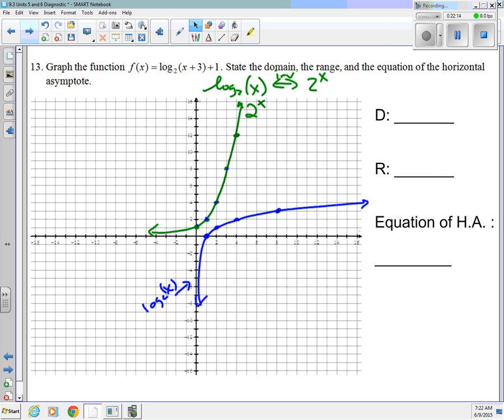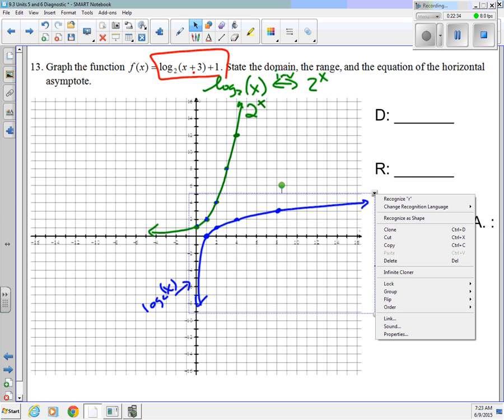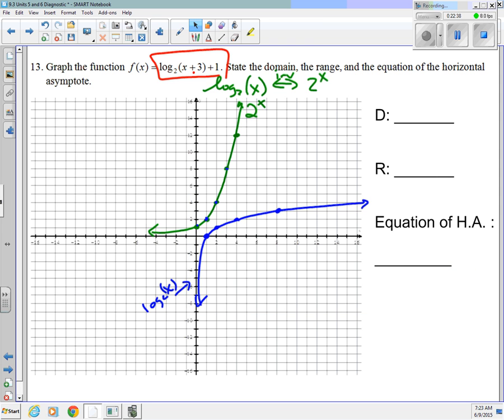So I'm actually going to now erase, well, you know what, we can keep it on there. So now I just have to look at what this guy is doing. Log base 2 of x plus 3 plus 1, which I'm going to graph in red, is just a transformation of the blue graph. It's a transformation 3 back, so 3 to the left and 1 up. So I'm going to take this graph and put it on a cloner here, okay? And I'm going to move it literally back 3.